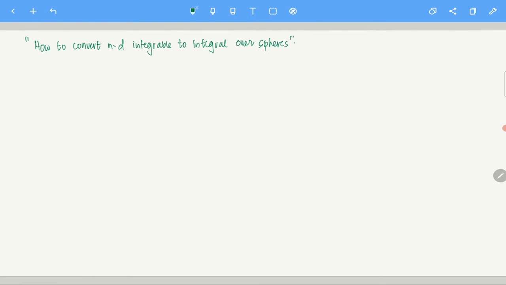Okay, how do you convert it? So you know this formula, right? Let f from Rn to R be continuous and summable.